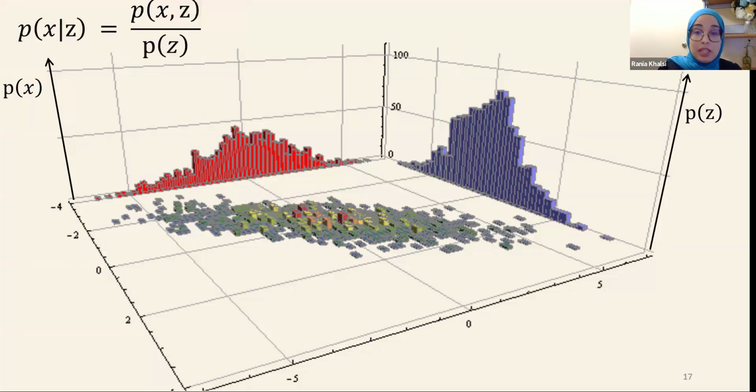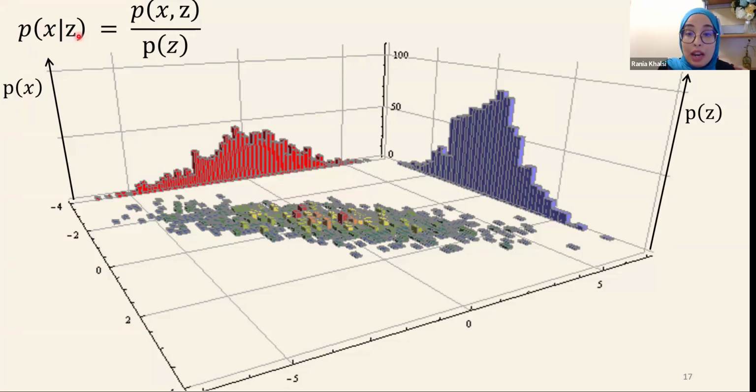Now, the final concept I want to cover is the conditional probability, okay? You also might know this, but I'm trying to make things simple, okay? So the term here, we can read this as, sorry, that's the wrong pointer. So we read this as the conditional probability, the probability of x given z, okay?